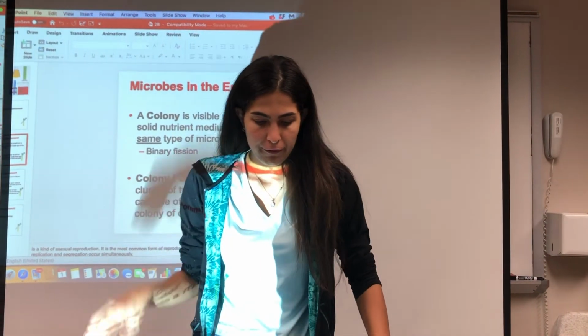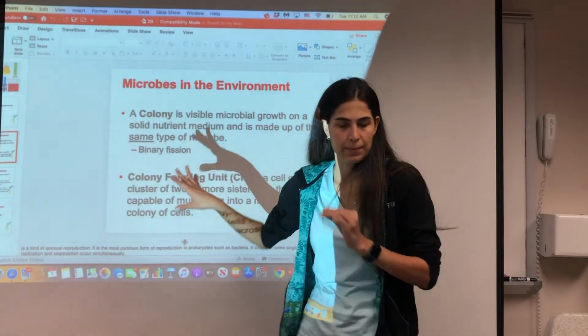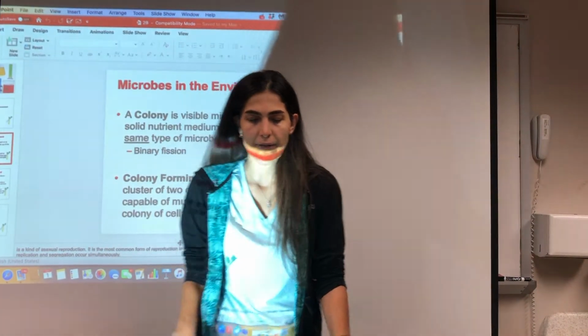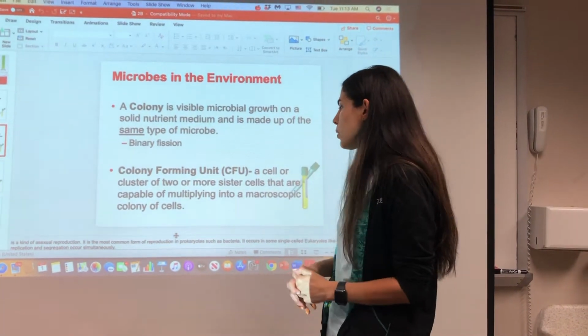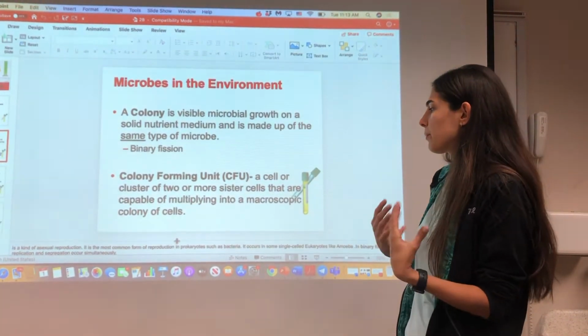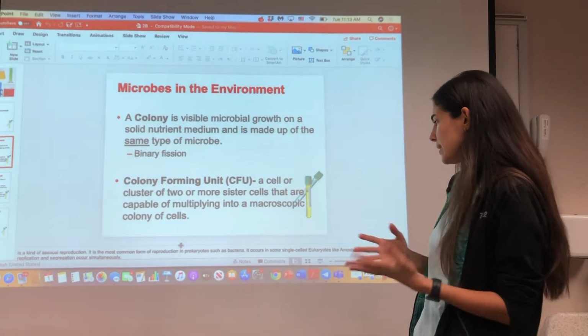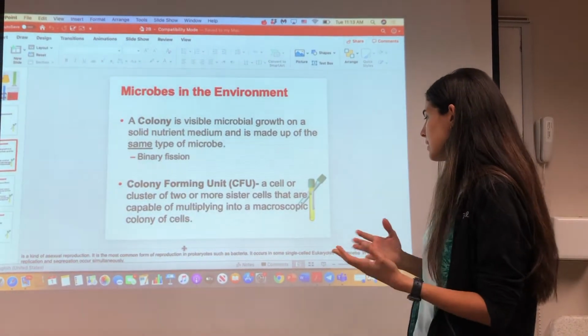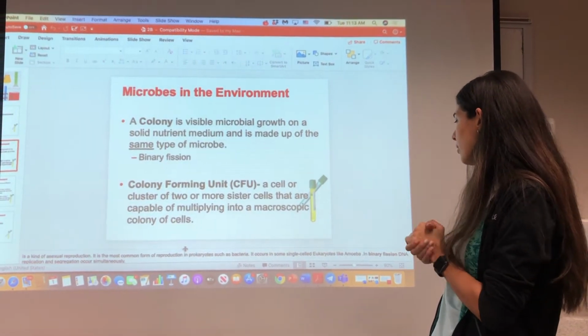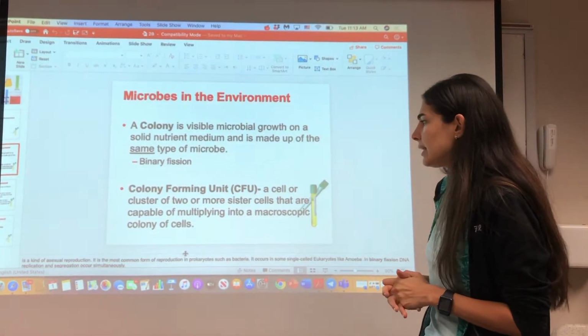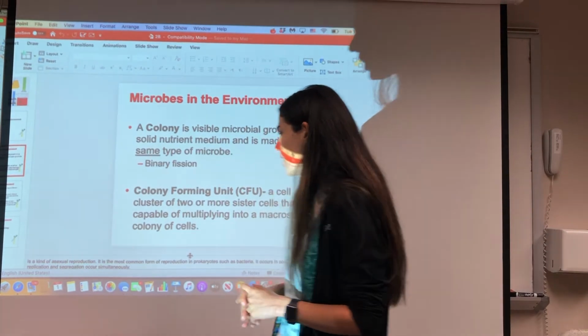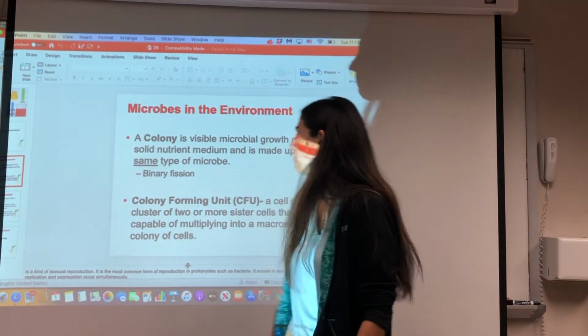Binary fission is a kind of asexual reproduction. This is the most common form of reproduction in prokaryotes such as bacteria, and it occurs in some single-celled eukaryotes like amoeba. In binary fission, DNA replication and segregation occur simultaneously.